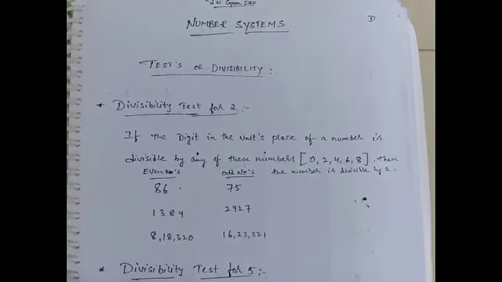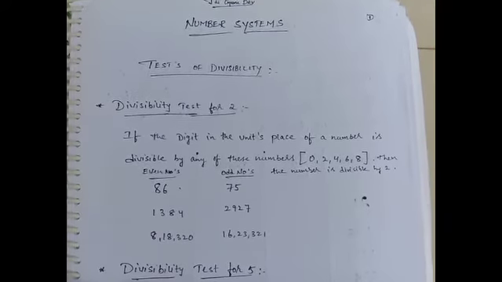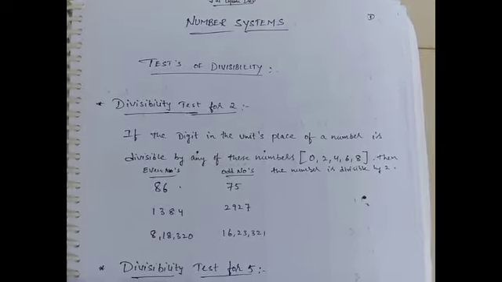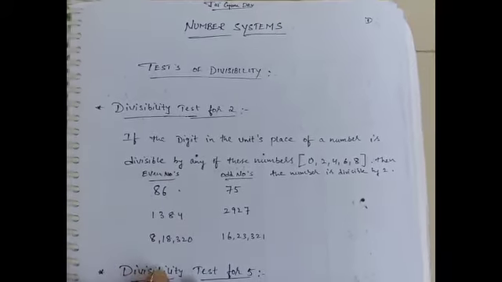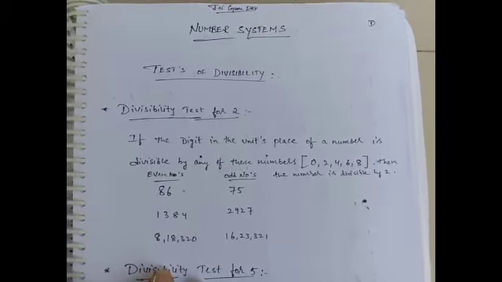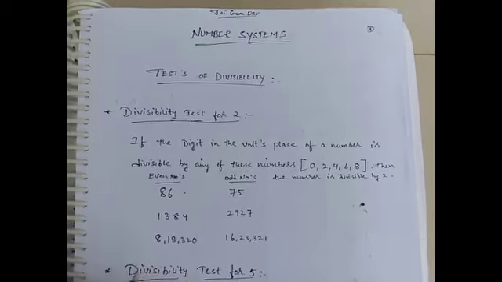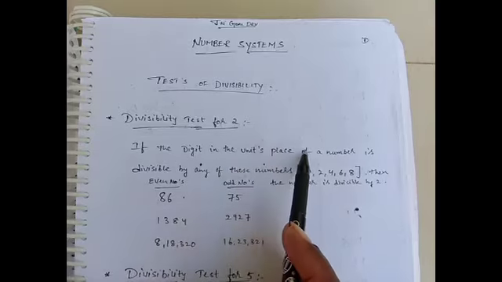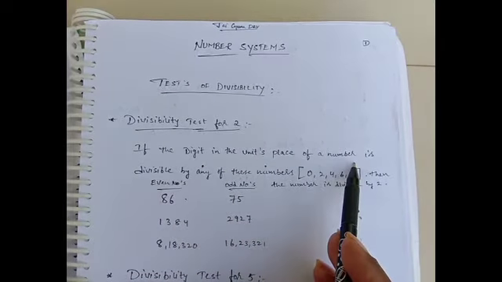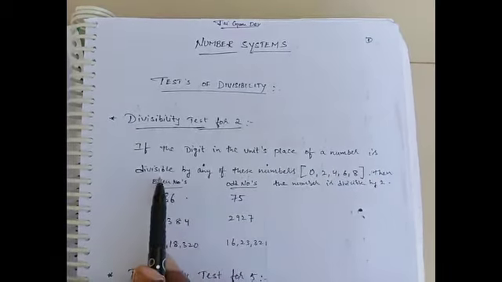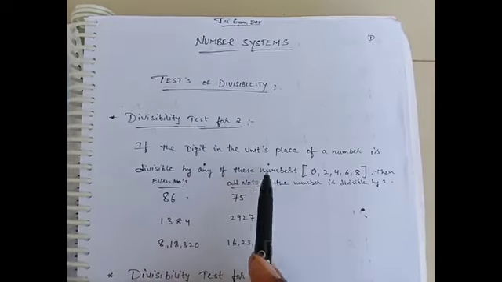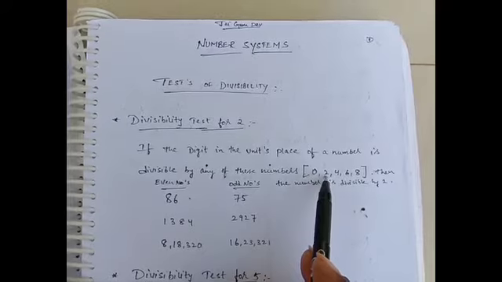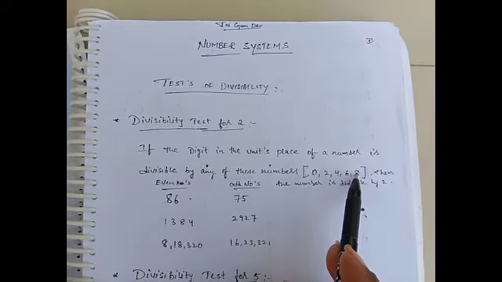Now let's begin with the very basic divisibility test, the divisibility test for number 2. A number is said to be divisible by 2 if the digit in the units place of the number is any of these numbers: 0, 2, 4, 6, 8.